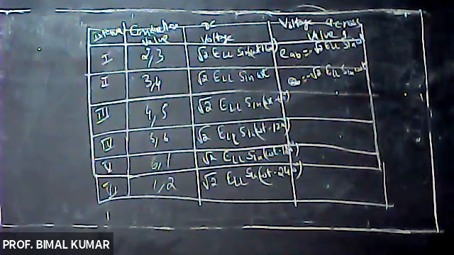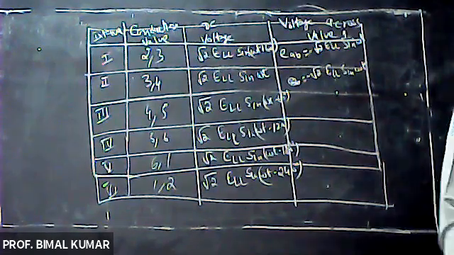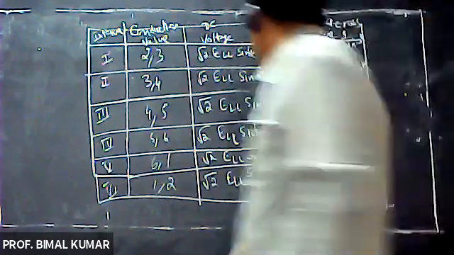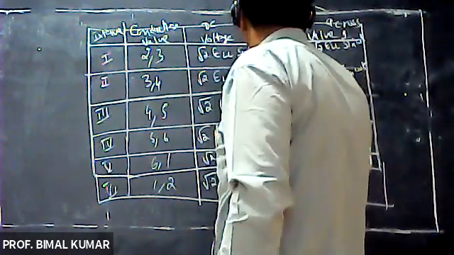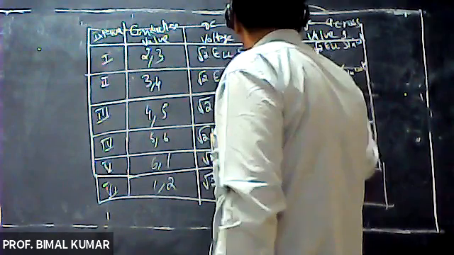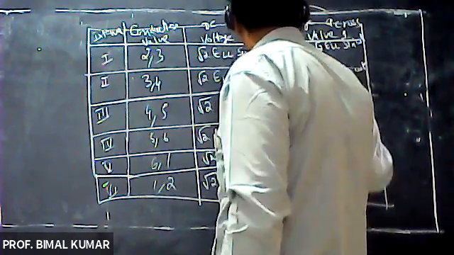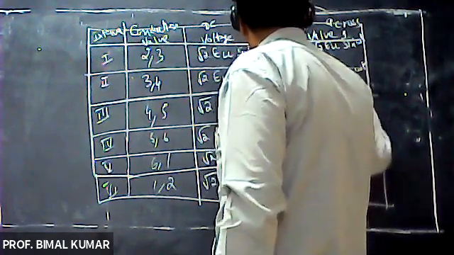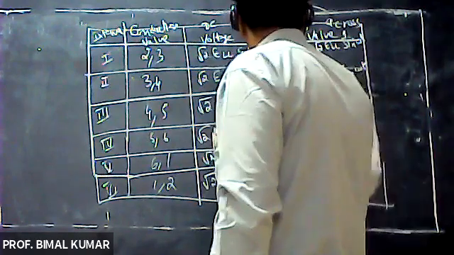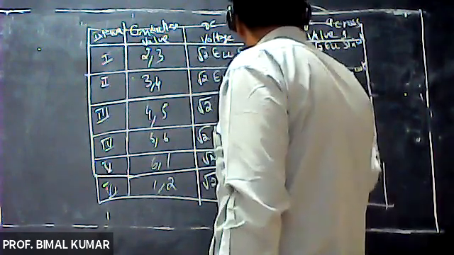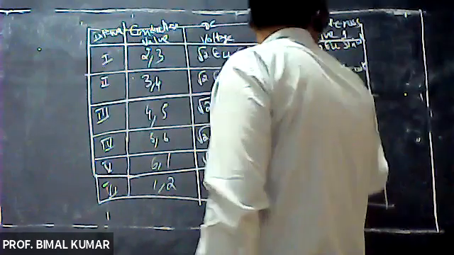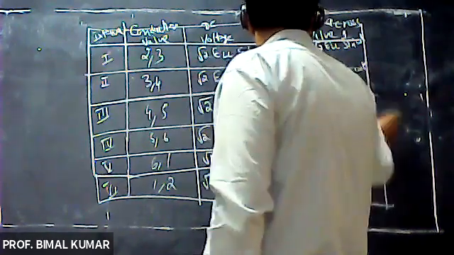Then during the next one, that will be EAC, which is positive root 2 ELL sine omega t. Then again EAC is equal to root 2 ELL sine omega t, right?